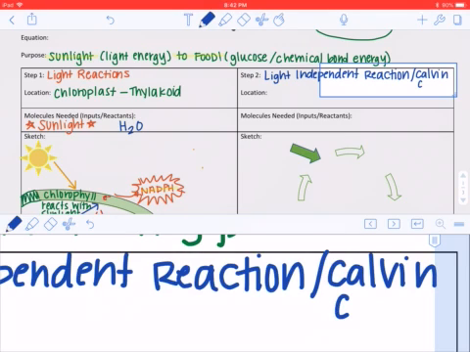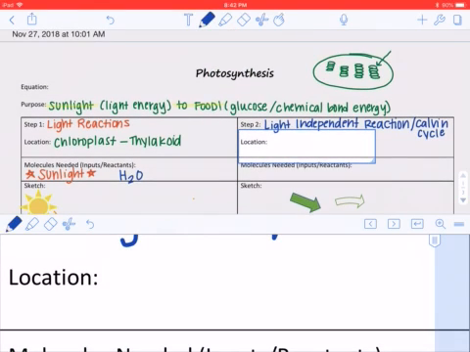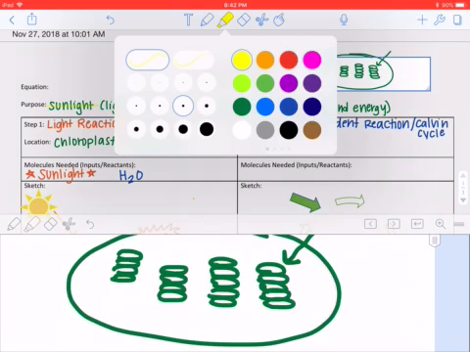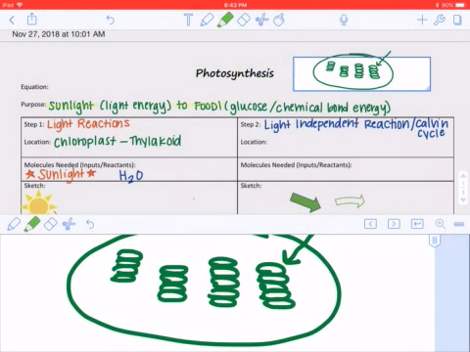This is the Calvin cycle. The location of this is going to be, if we go back up to our chloroplast, the stroma. And the stroma is going to be this portion, it's like the cytoplasm you could think of for the chloroplast.